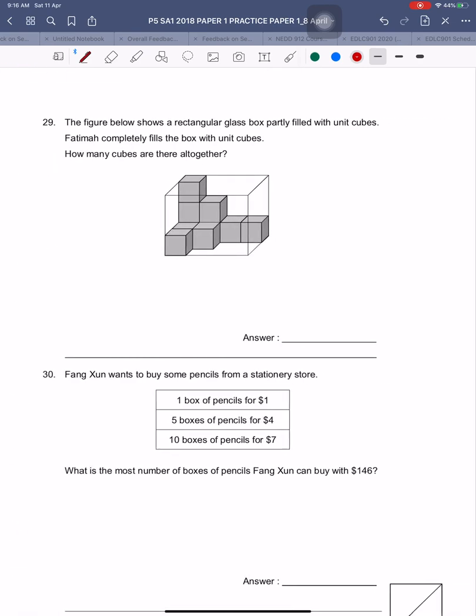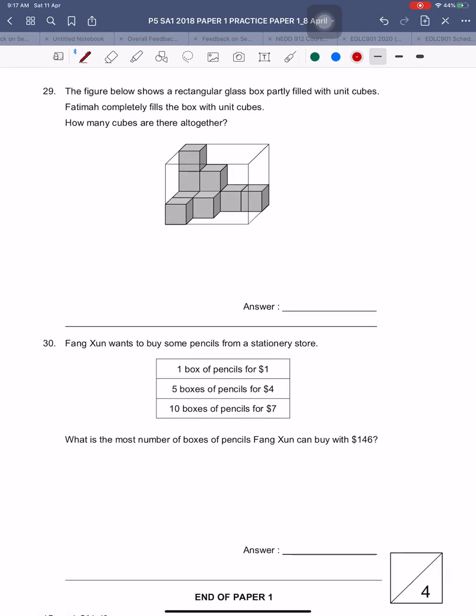And last page, question 29. This question, I think most of you did not get it correct. Many of you just told me 8 because you don't quite understand the question. The figure shows the rectangular glass box partly filled with unit cubes. The cubes here are all unit cubes, that means they are all the same.